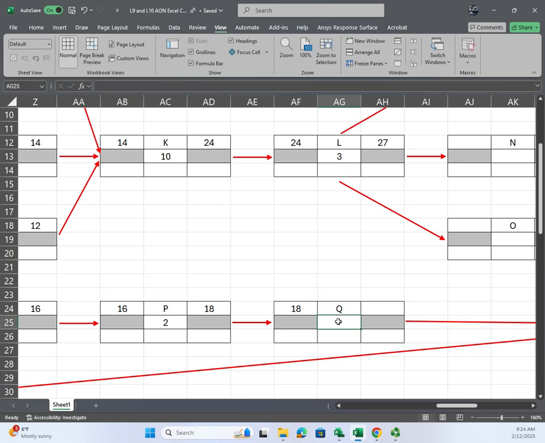The duration on Q is 1. I forgot about that one. So that's 19. Everybody good? Everybody caught up? Anybody lost? Catching up. What's that, Jackson? So I'm catching up. You're catching up.